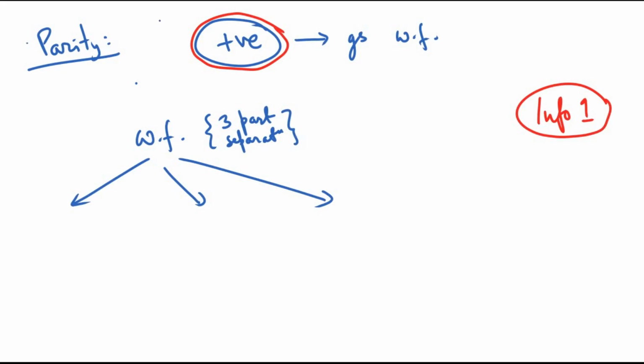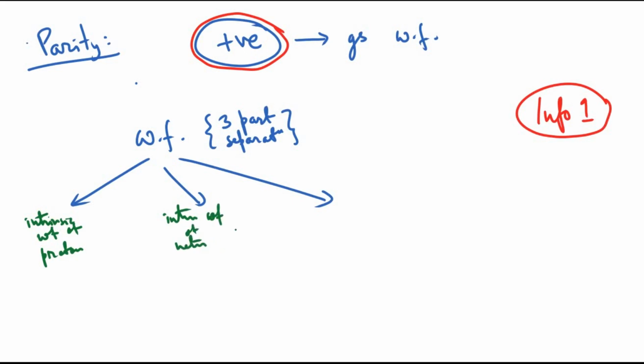Number one is the intrinsic wave function of proton. What is a deuteron? Basically a system of proton and neutron, right? So the first is the intrinsic wave function of proton. Of course, the next is the intrinsic wave function of neutron.